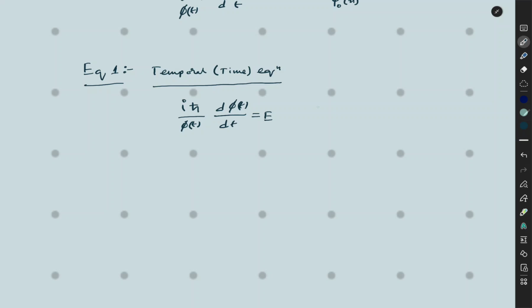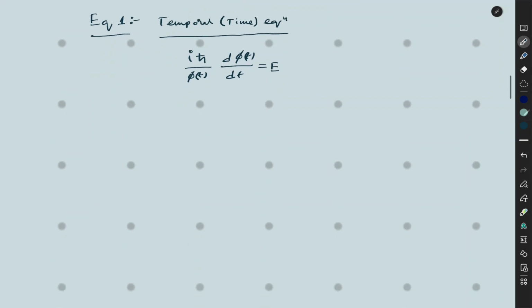So now we will just solve for phi of t. How can we do it?